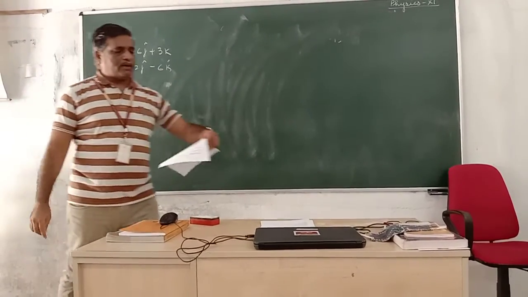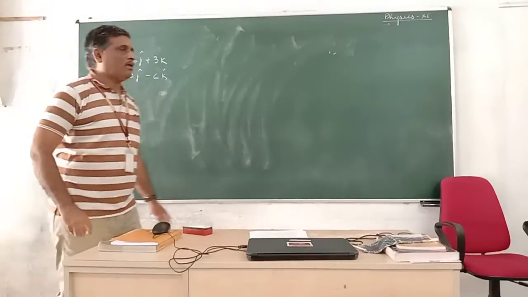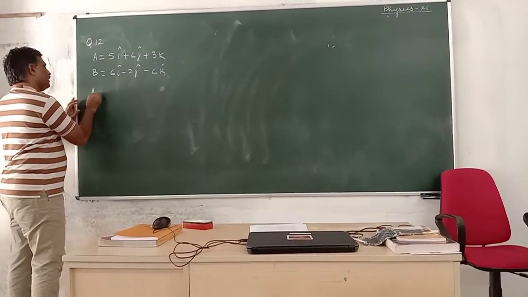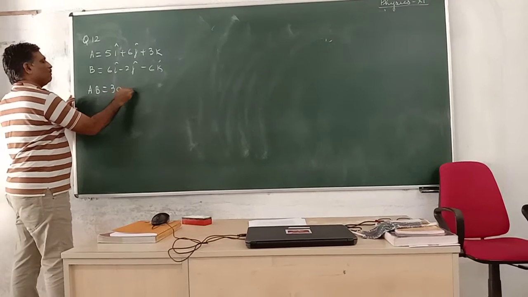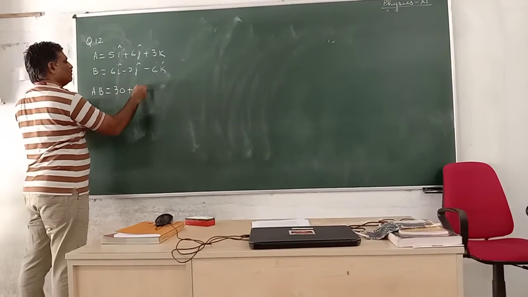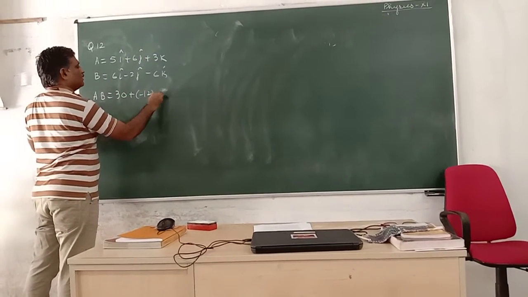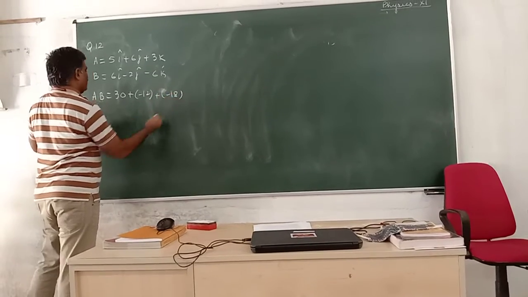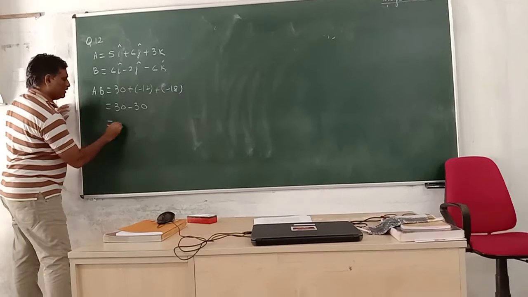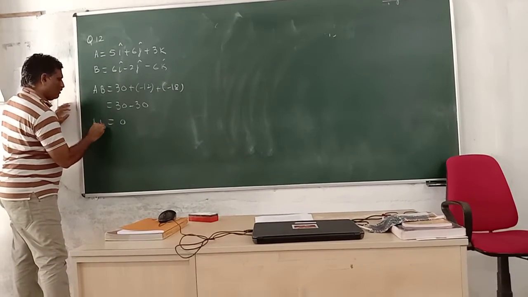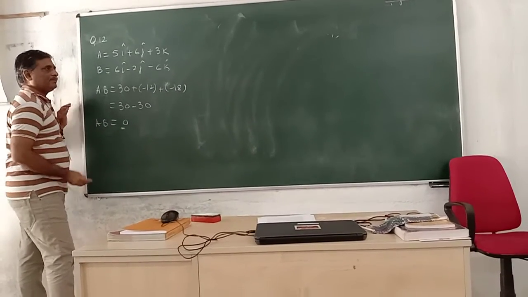Whenever we want to find the angle, we find A dot B. Therefore, A dot B is equal to this into this, 30, plus this into this, minus 12, plus this into this, minus 18, which becomes 30 minus 30, which is equal to 0. So A dot B is equal to 0.